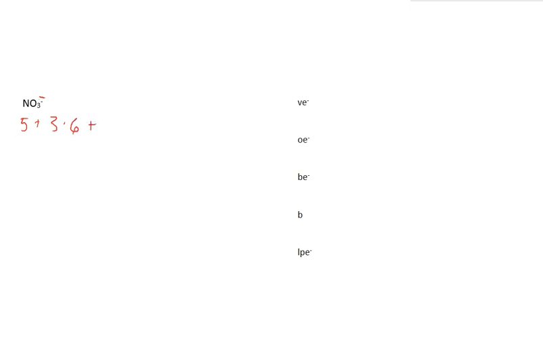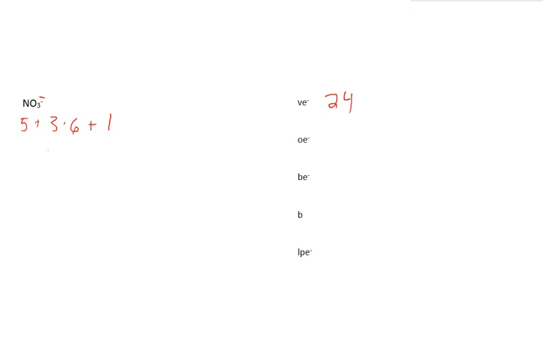Plus, this charge right here is in the valence shell. So since it's just a -1, that means that we have picked up 1 electron somewhere. There's 1 additional electron that we have in the valence shell. So the total number of electrons we have to work with here will just be 5 plus 18 is 23 plus 1 is 24. Okay.